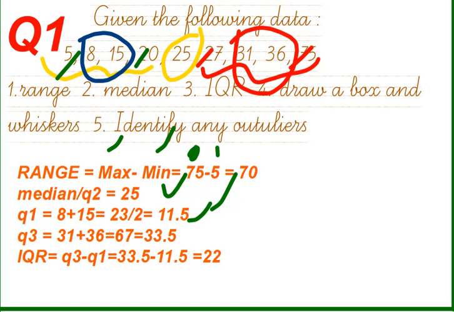We can see that our lowest number is 5 and our biggest number is 75, and most of these numbers are going into 5. So 5, 10, 15, 20, 25, 30, 35, 40, 45, 50, 55. Okay, we can do that.